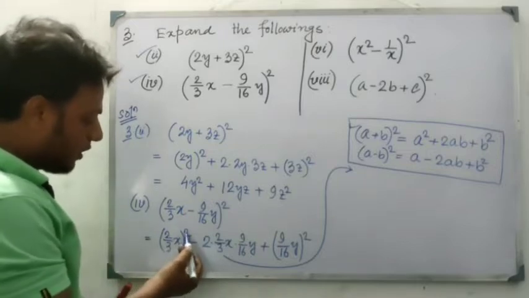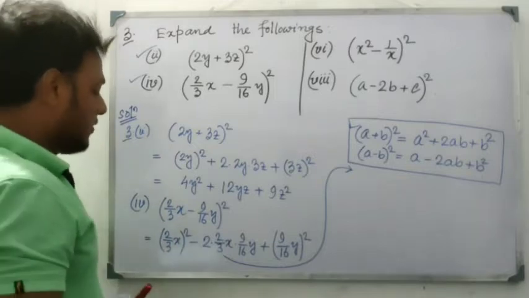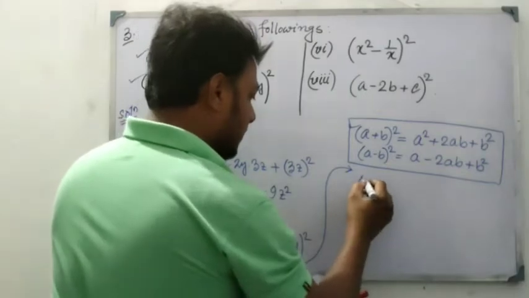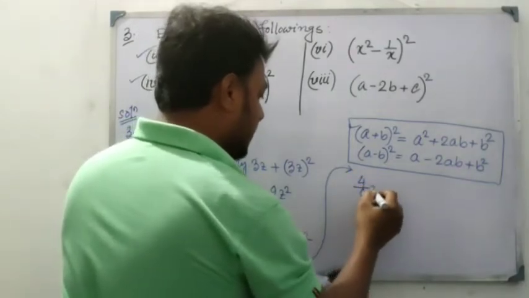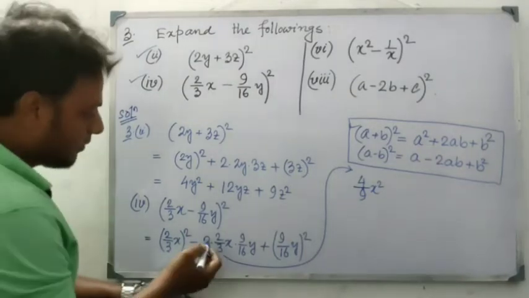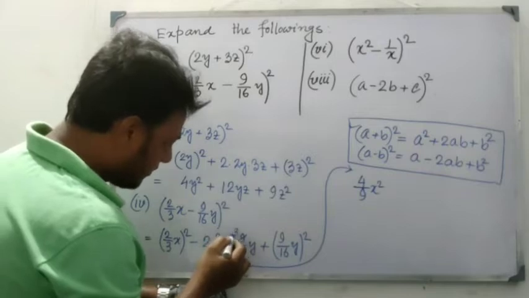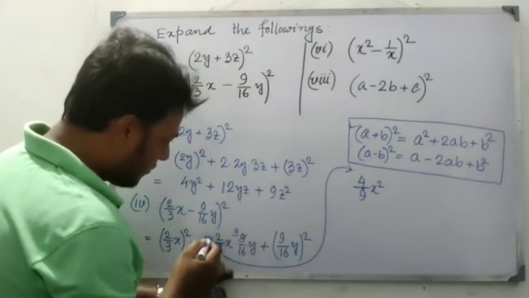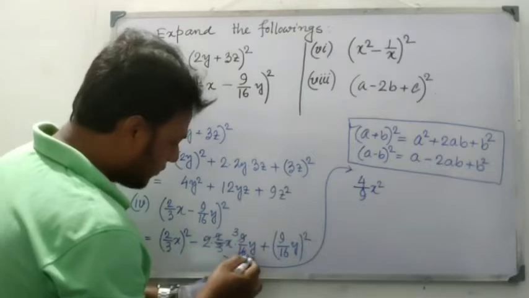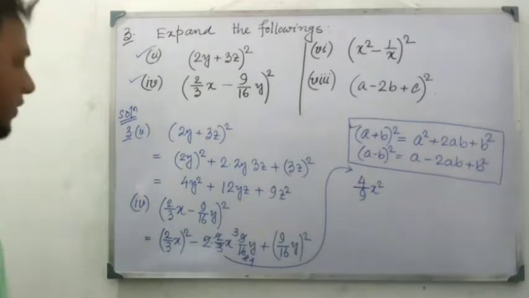So 2 square means 4, 3 square means 9, and x square is x square. So (2/3 x) square means 4/9 x square. We simplified the first term. Minus, here we can cancel out: 3 into 3 is 9, and 2 into 2 is 4, and by these two it will be 3 by 4 xy.